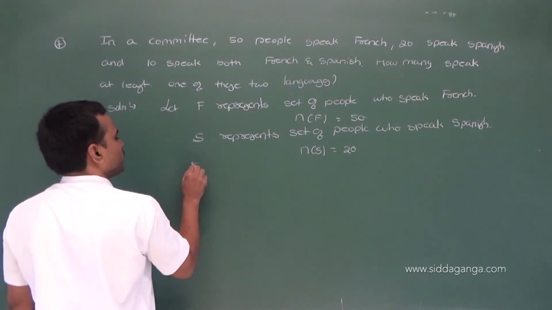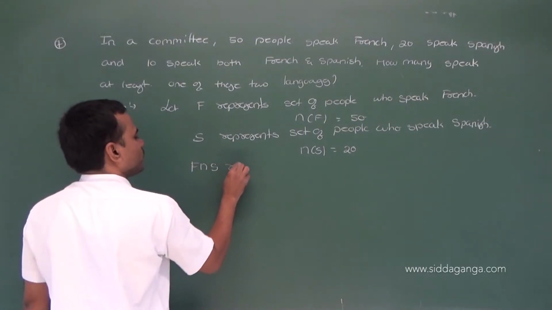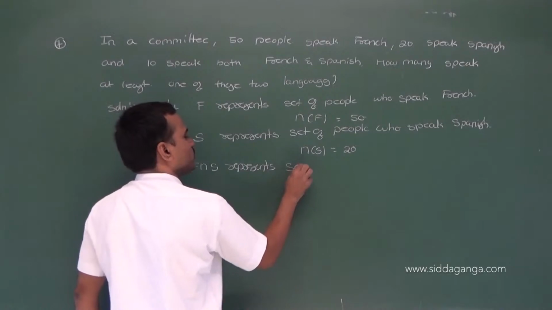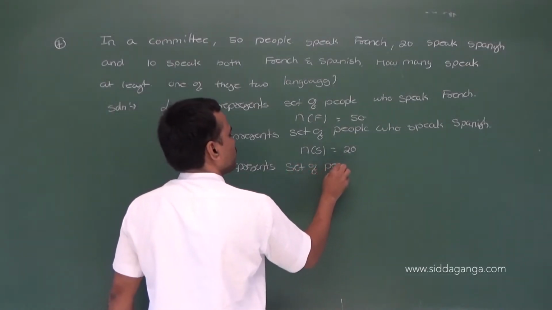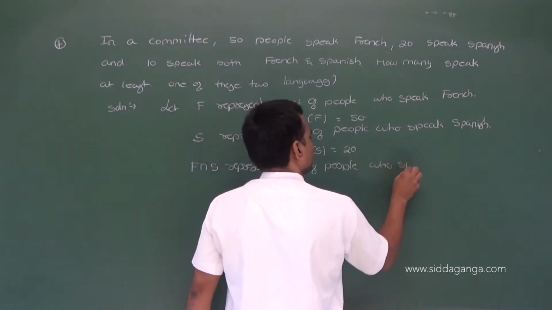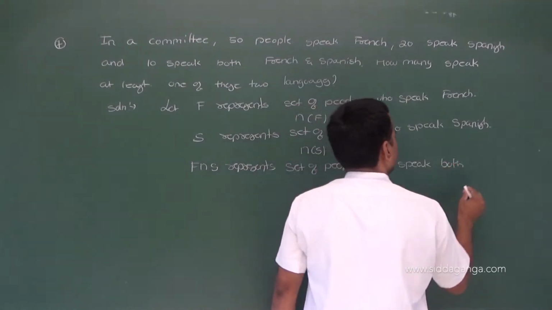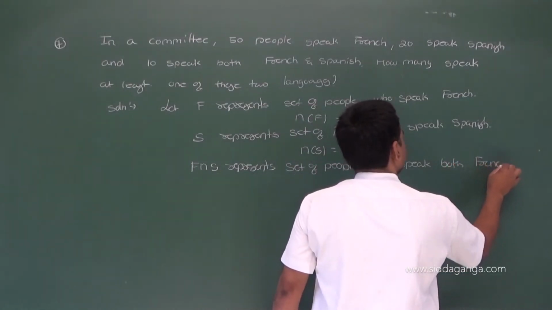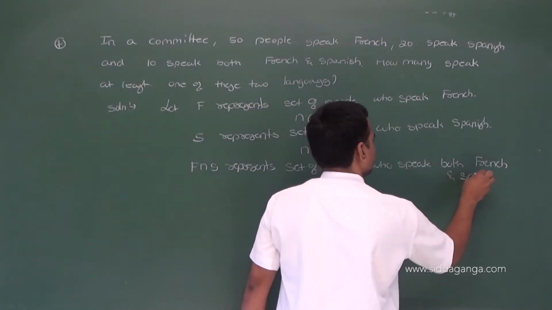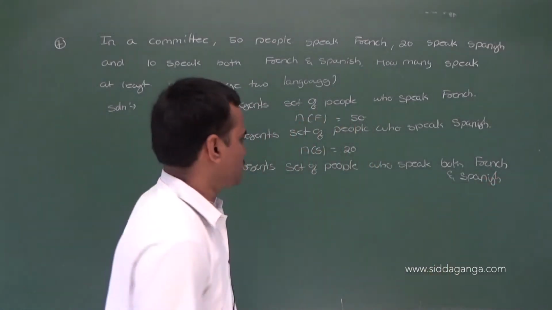Next line. F intersection S represents the set of people who speak both French and Spanish.